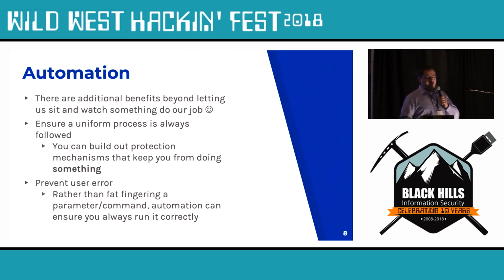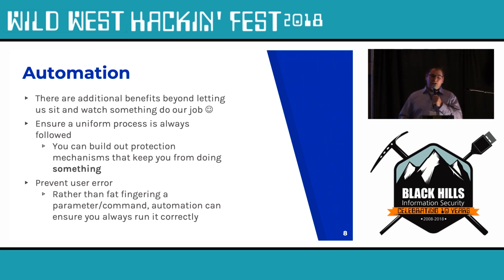There are also additional benefits beyond letting something else do our job. You can ensure that whatever task you're automating is always done in the same way every time. When it comes to human processes, ideally you have a methodology drafted out for someone to follow, but if they don't follow it to the T or add their own flair to it, then it may not be done exactly the way you want.